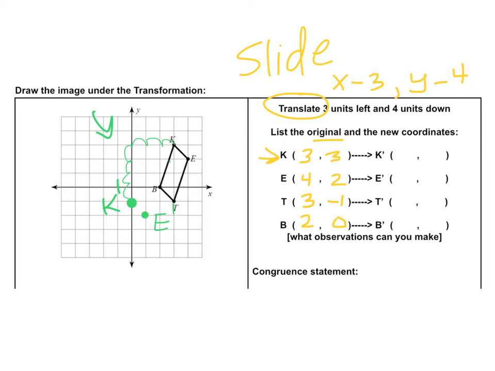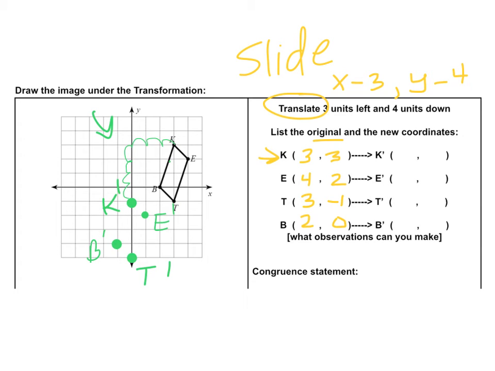All right, and then B, we're going to go 3 to the left and 4 down. 1, 2, 3, 4. It's going to be right there. Mark it B prime. And T, we're going to go 3 to the left and 4 down. That brings us right here. And we're going to mark that T prime.